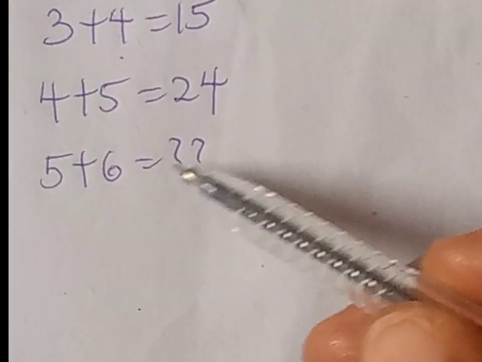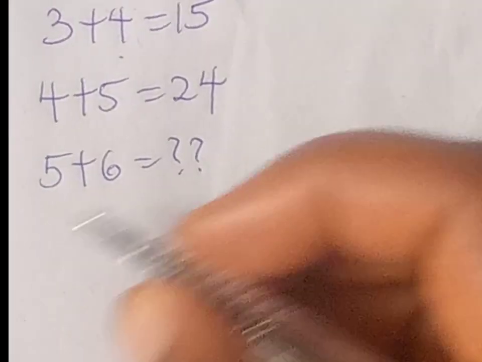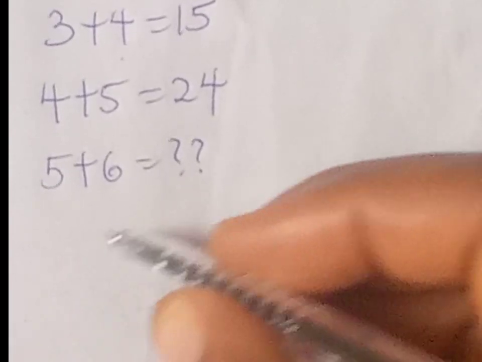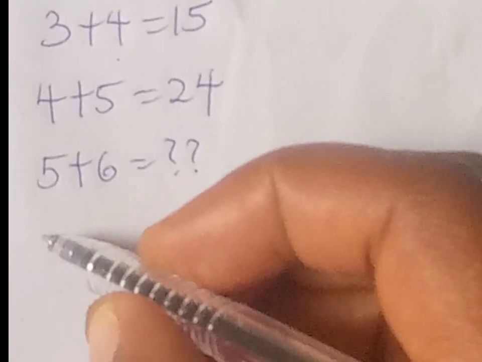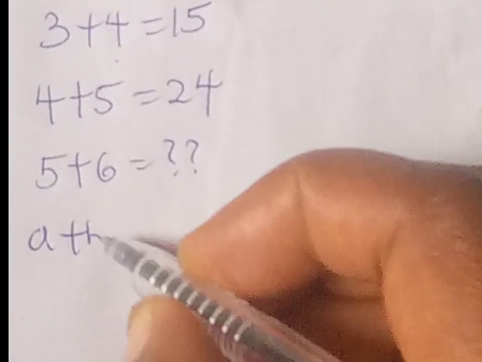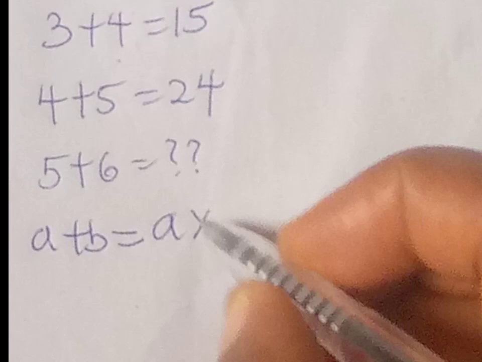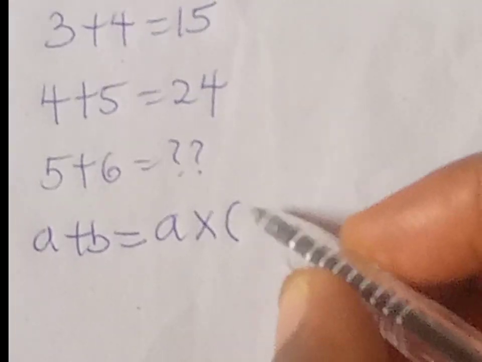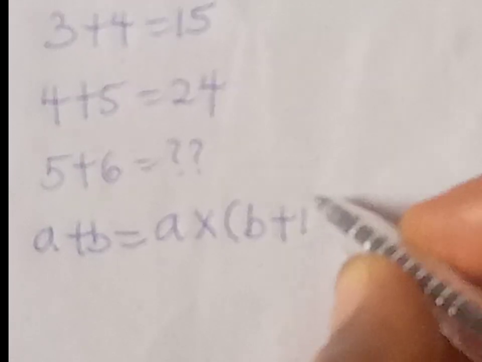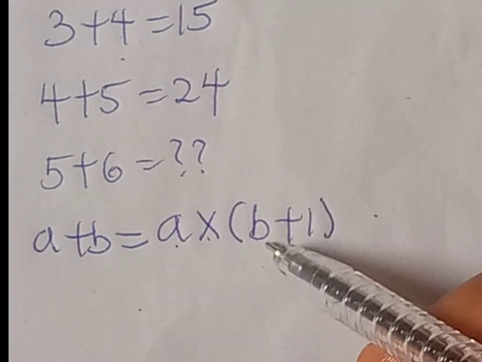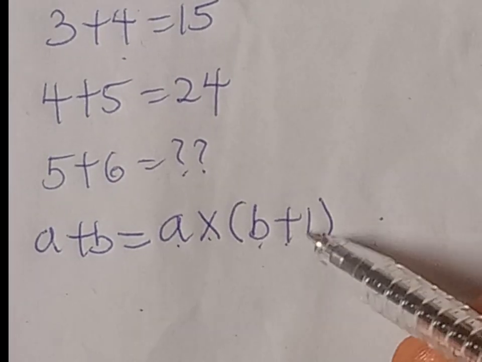Here is another way to rewrite the rule. Apart from the one we've used before, we can also use another rule which says what? A plus B will give us what? A multiplied by, open brackets, B plus 1. That is, A is the first number multiplied by the second number plus 1.